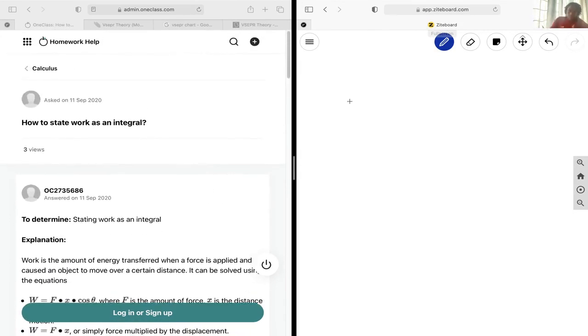We know that the really simple version of this question at the high school level can be stated as this.